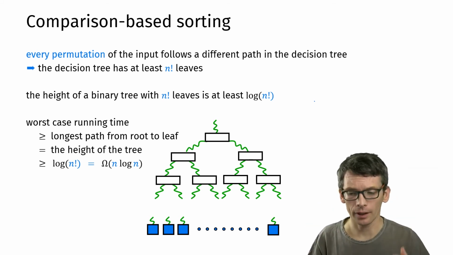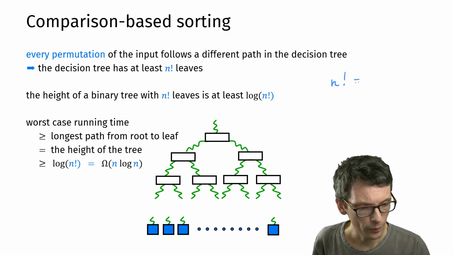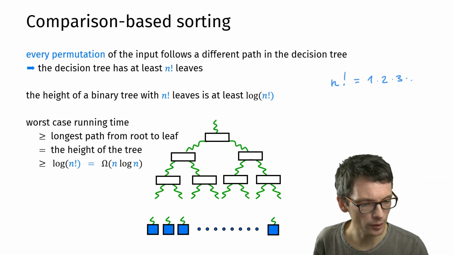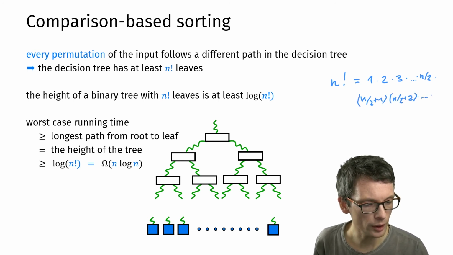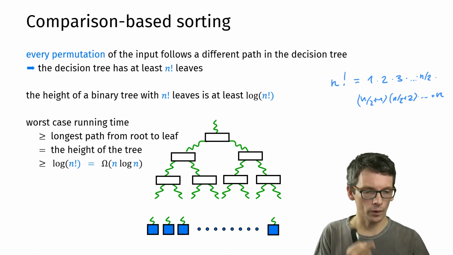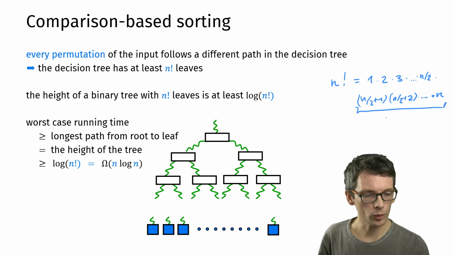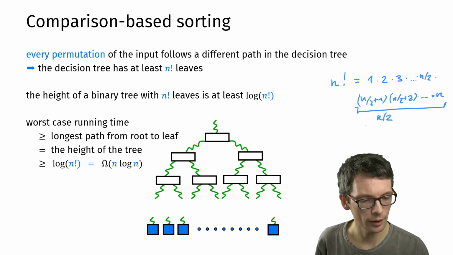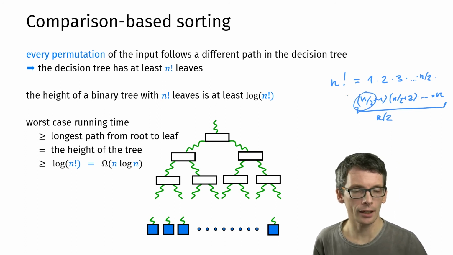Why is that the case? So if we look at n factorial, which is 1 times 2 times 3 times, let's be somewhere at n half, and now we have n half plus 1, n half plus 2, and so on. Eventually we end up with n. If you look at these terms here, those are n half many terms, each of size at least n half.